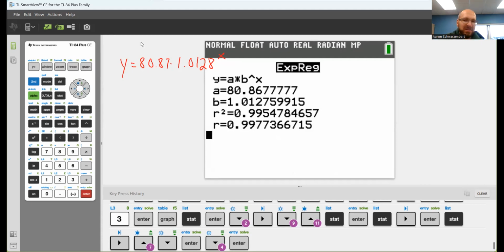Okay. So we talked about logistics and carrying capacity a little bit in the last lesson. And we're going to compare two populations. When I'm talking about logistics, I'm talking about something that's going to have a shape like this on the graph, where it has a maximum population somewhere, kind of an upper asymptote.